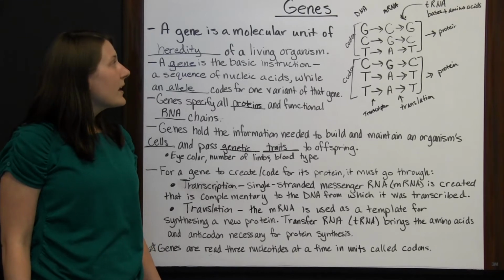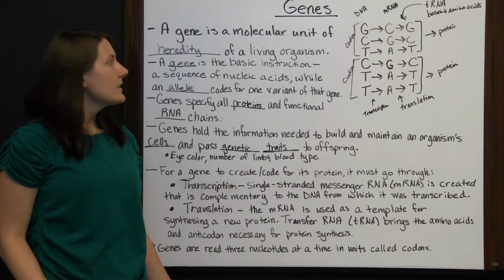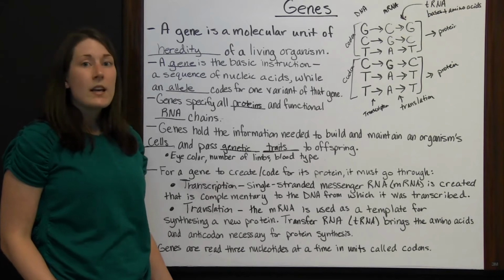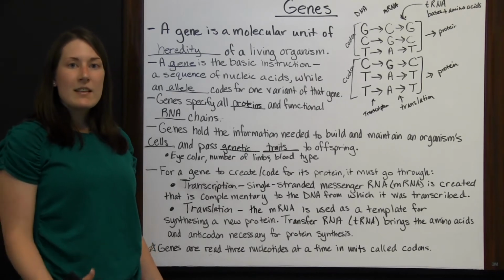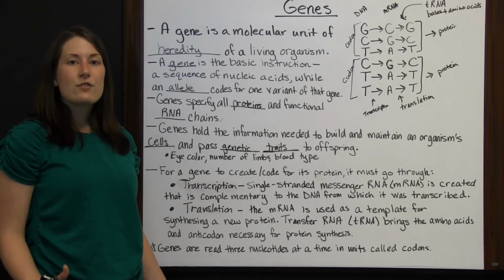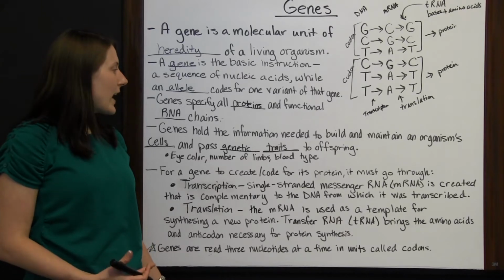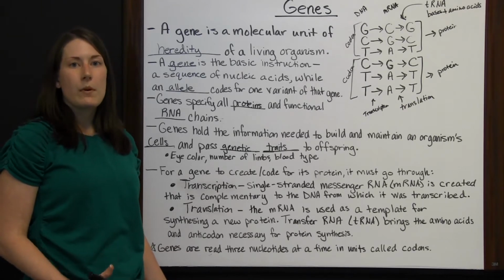So just keep in mind, genes are units of hereditary information, and they carry messages throughout the cell and instruct the cell on how to create the proteins that your body needs.